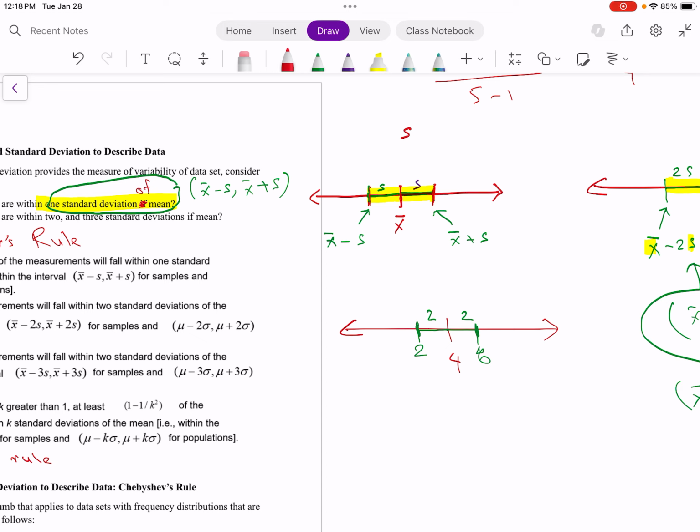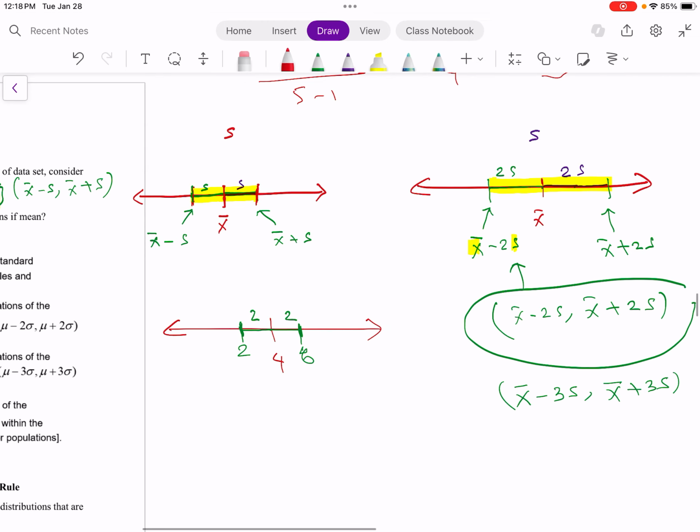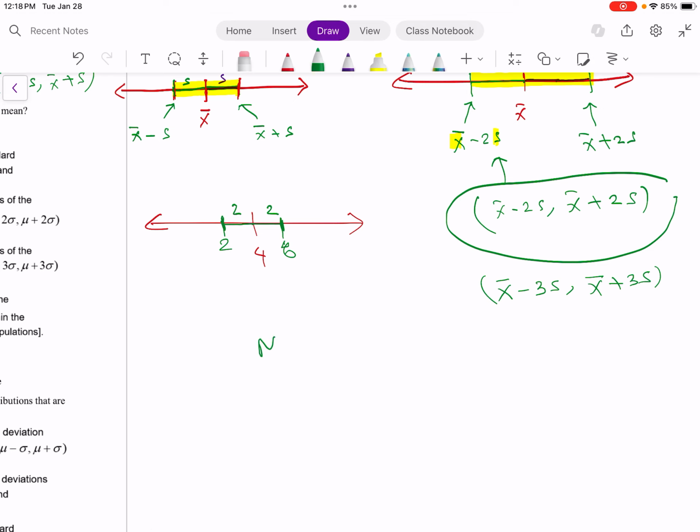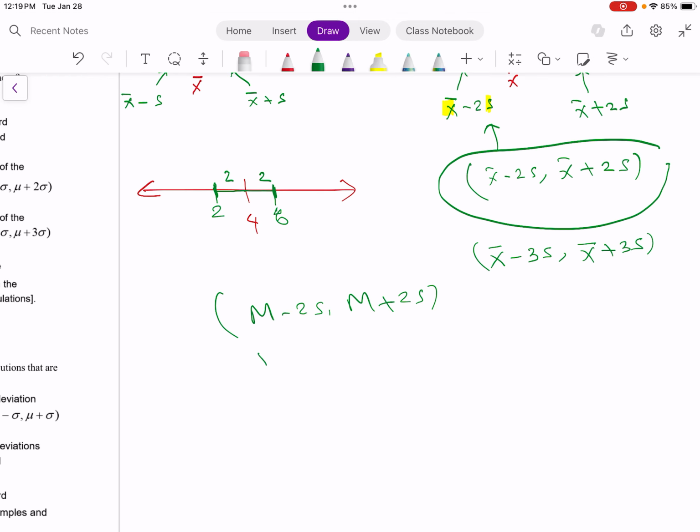Who can write an interval for 2 standard deviations of the median? M minus 2s to m plus 2s. We are using the mean in this section, but in an upcoming section we might use the median. So 2 standard deviations of a median is m minus 2s to m plus 2s, and 1 standard deviation of a median is m minus s to m plus s.